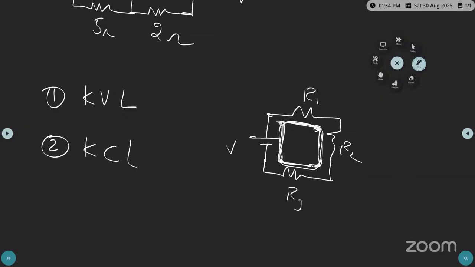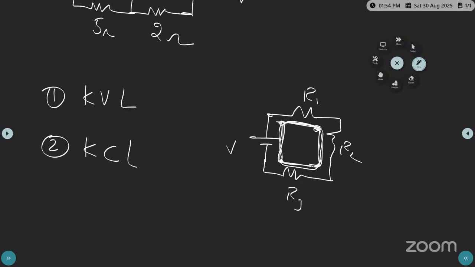In a closed loop, the algebraic summation of voltages across the elements. If I want to add the voltages, what is the voltage here? Something. Here? Something.